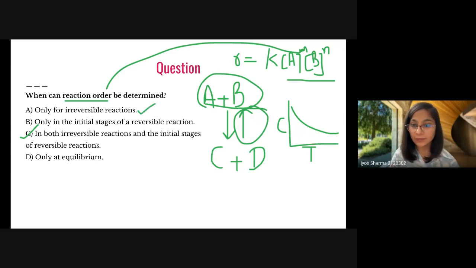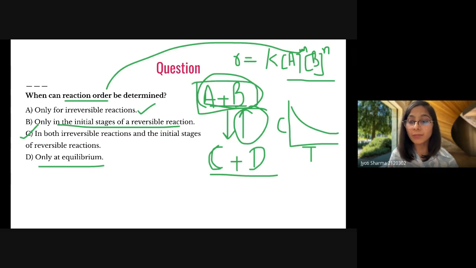This is right. The other point is that in the initial stage of a reversible reaction, this is again right, because in the initial stage the amounts of C and D will be very negligible, so we can calculate the concentration of A and B. So yes, this is again right, and we have both in option C. Only at equilibrium, no, we can't do this, because A and B will change into C and D, and C and D will change into A and B, and the quantification of the concentration of A and B will be very difficult.